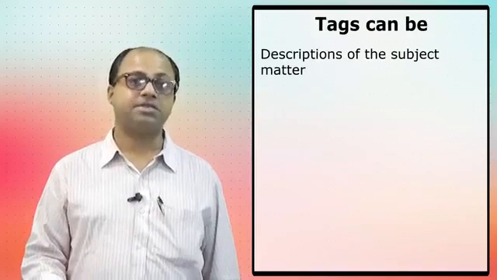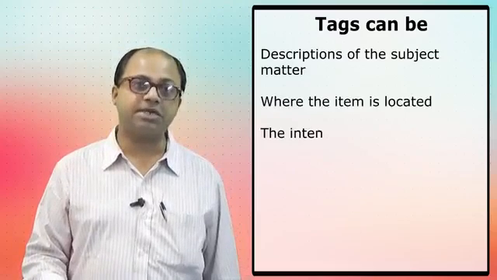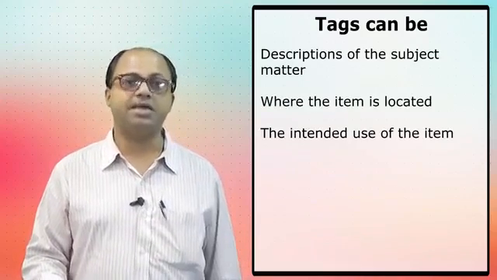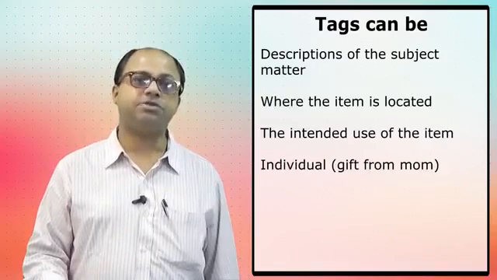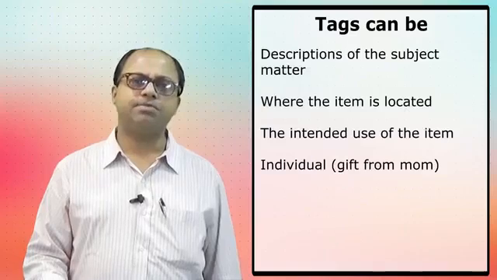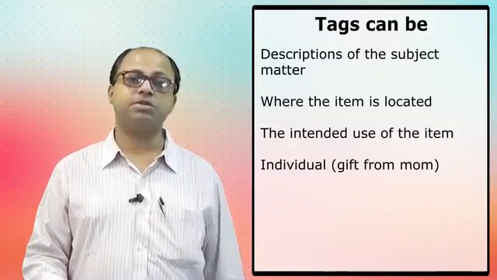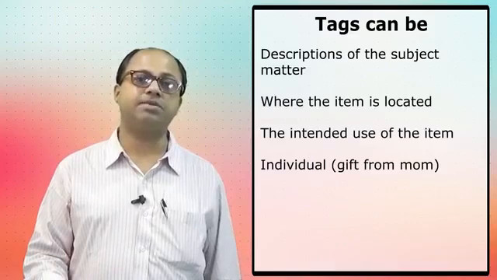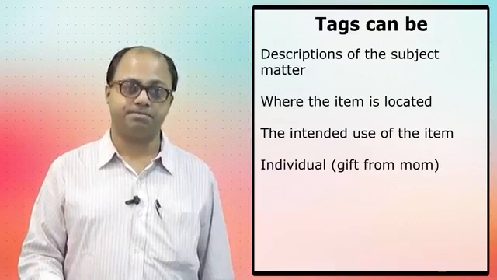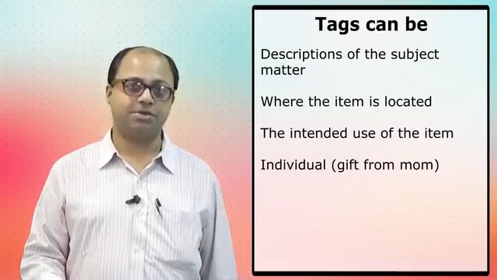Tags can be descriptions of the subject matter, where the item is located, the intended use of the item, or individual. Suppose against a book, some person has tagged gift from mom because he or she received that particular item as a gift from his mother. So he tagged it like this. This is a personal tag, not universal.